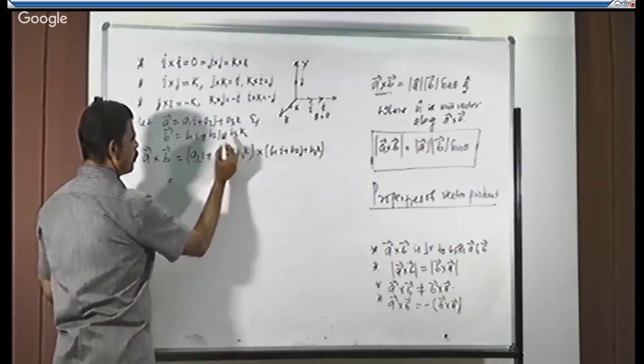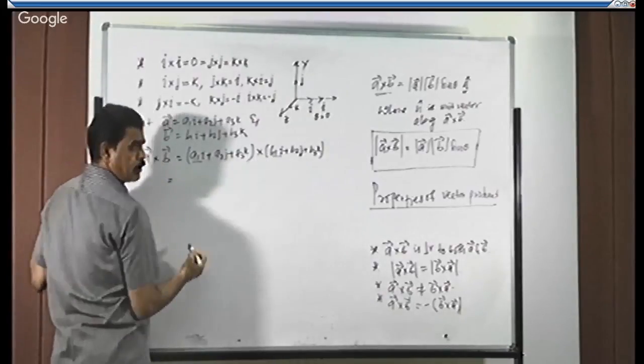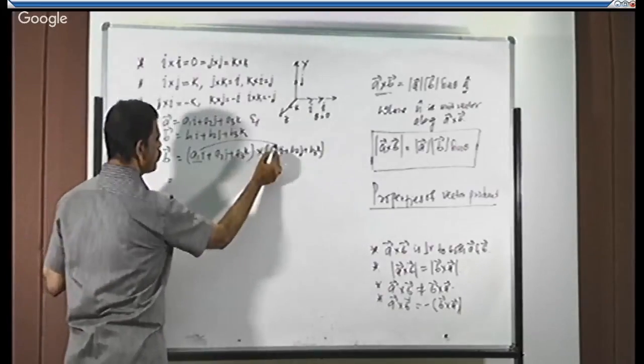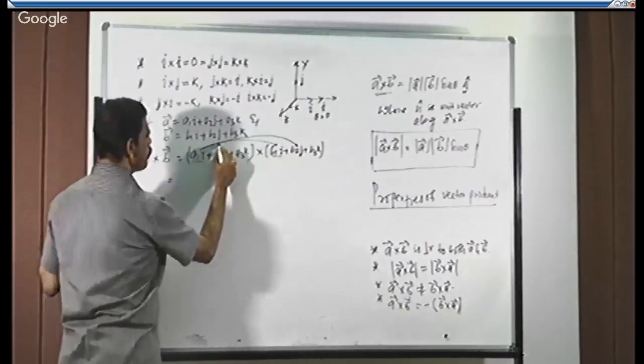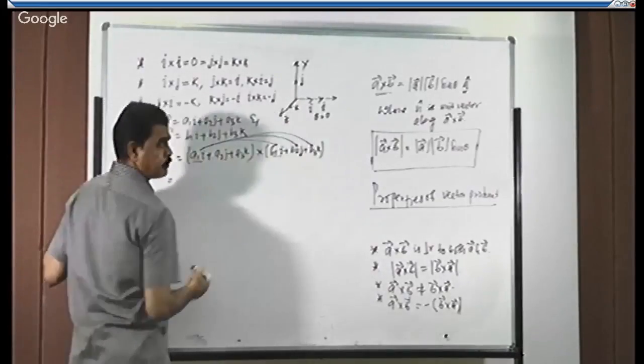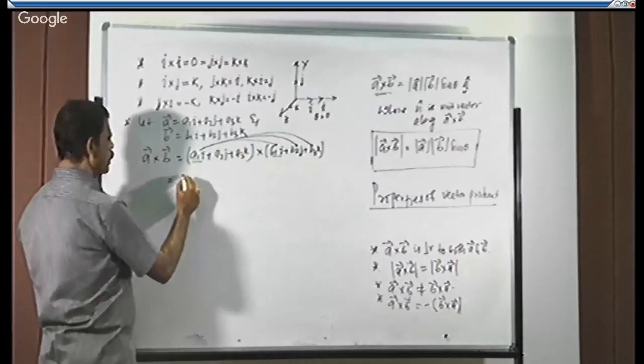A1I is to be multiplied with B1I. So A1I is multiplied with B1, A1I is multiplied with B2J, A1 is multiplied with B3K. Right? So what we will get?